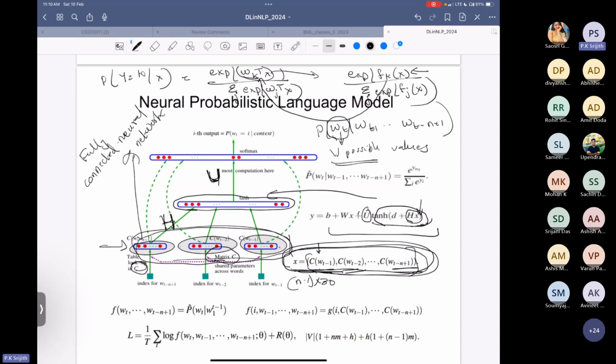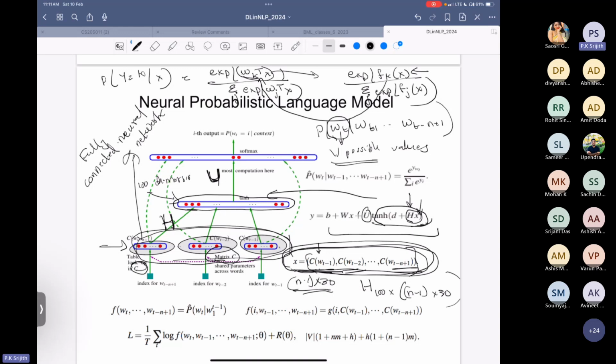So your H matrix will be working on this n minus 1 cross 30 dimensional input to get some latent, hidden representation. Let us assume that the hidden representation is 100 dimensional. So your H matrix is going to be 100 cross (n minus 1) into 30.